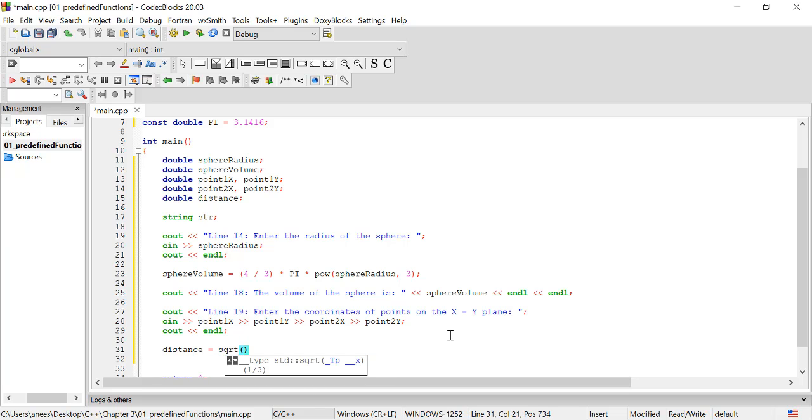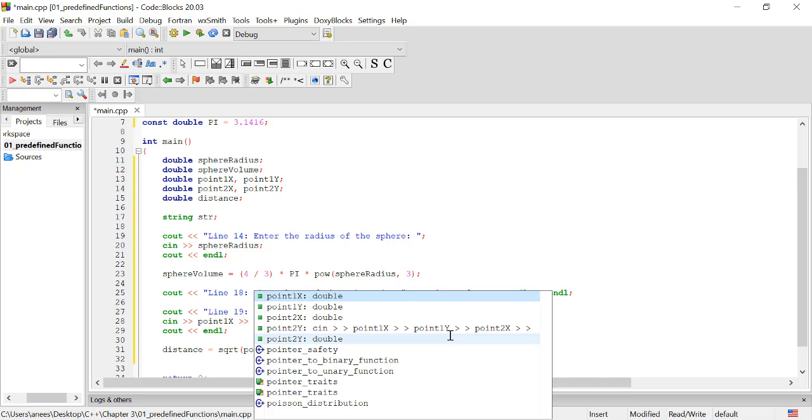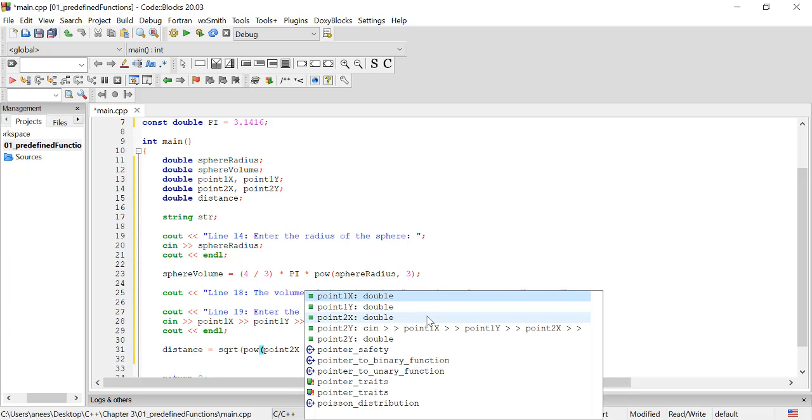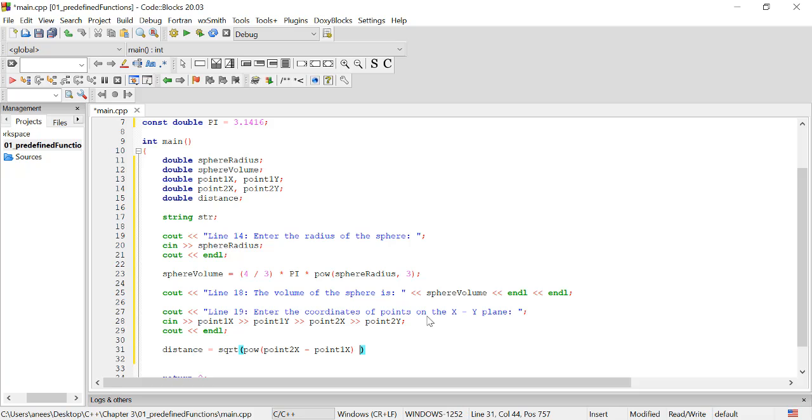Now this is a pretty simple function as well. pow point 2x minus point 1x, comma 2, plus, almost forgot to write one of the most important parts of that function.